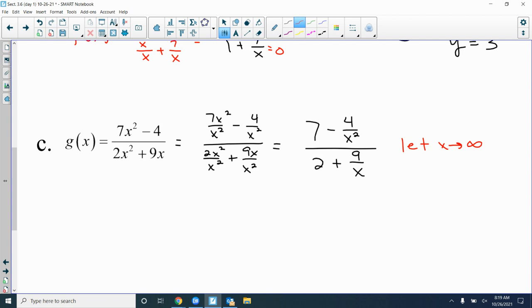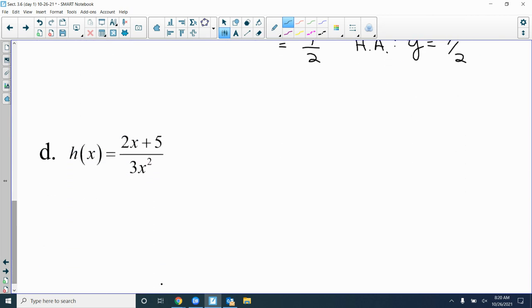What's 9 over a really big number going to get close to? 0. So what am I left with? 7 over 2. So my horizontal asymptote is y equals 7/2, which is 3.5. So you plug in big numbers, it's going to get close to 3.5.